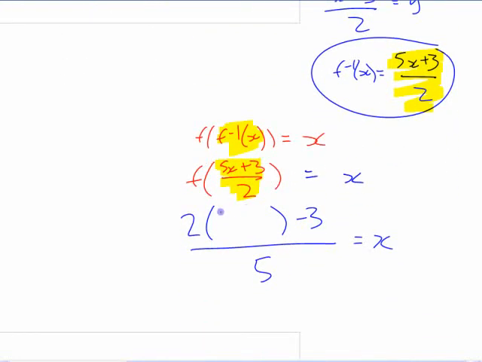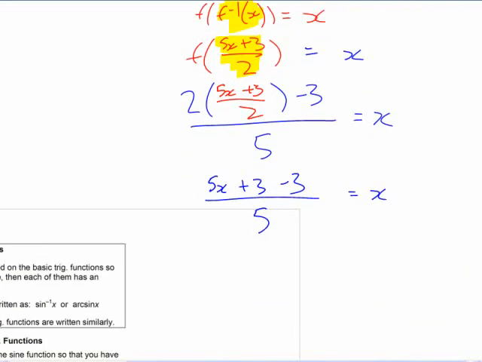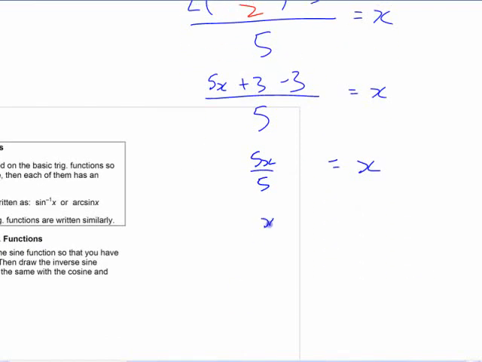I'll leave this one as 5x plus 3 over 2. If you work your way down there, they should simplify, right? You can simplify the 2's, right? If it's a proof, you should probably show every step there. I know you can do the whole thing in your head, but you probably should show every step if it's a proof, right?